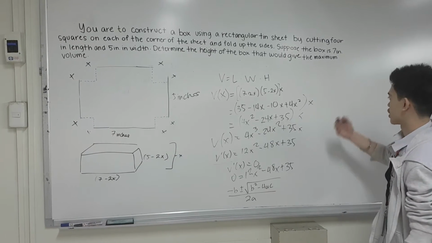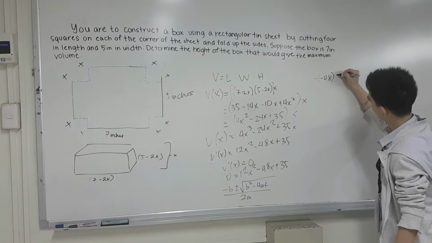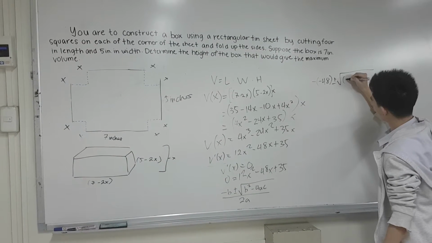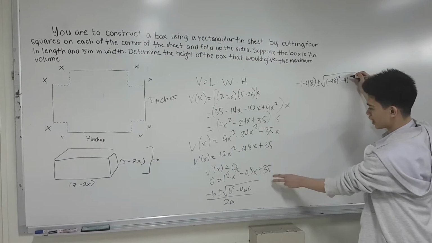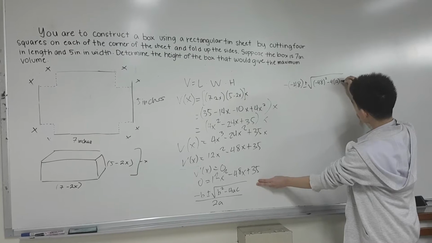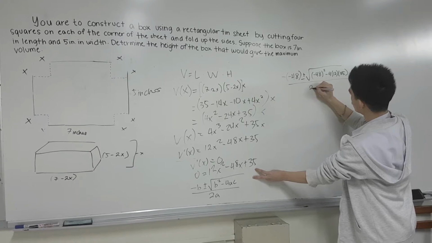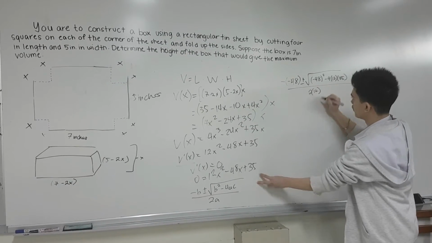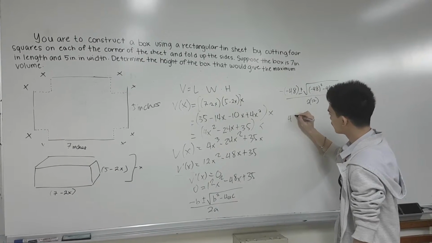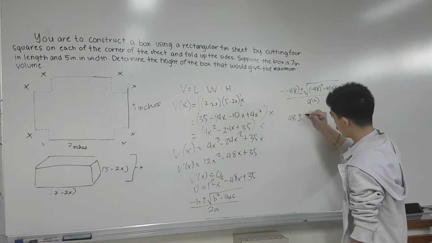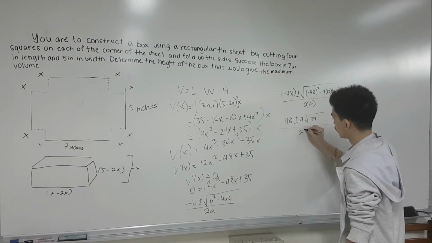Giving us negative negative 48, plus or minus the square root of negative 48 squared, minus 4 multiplied by 12, multiplied by 35, over 2 multiplied by 12. In solving this, we should arrive at 48, plus or minus 4 square root of 39, over 24.